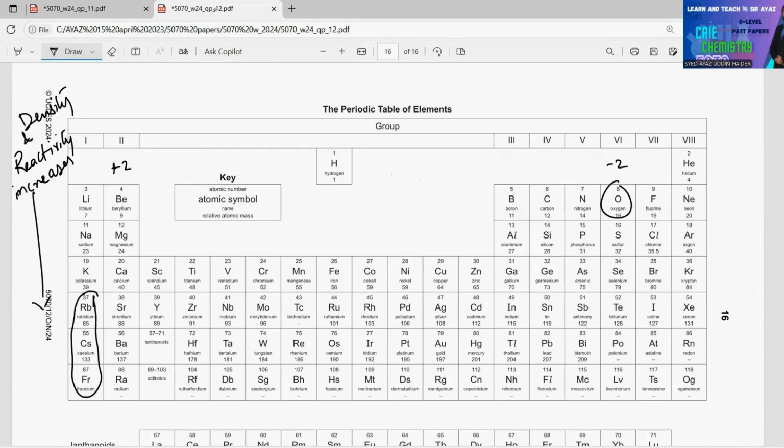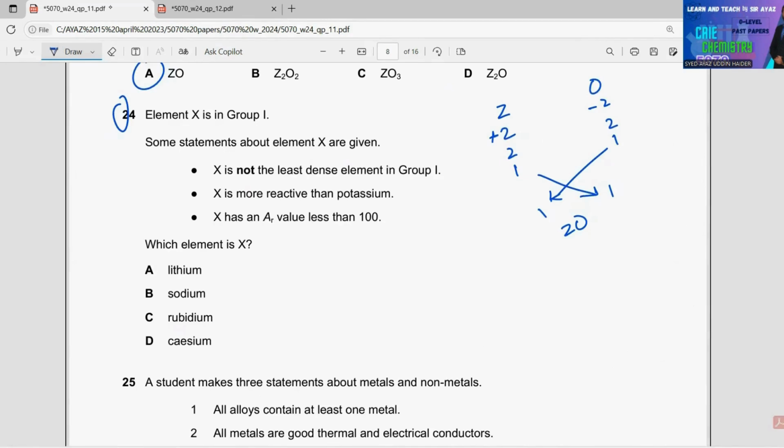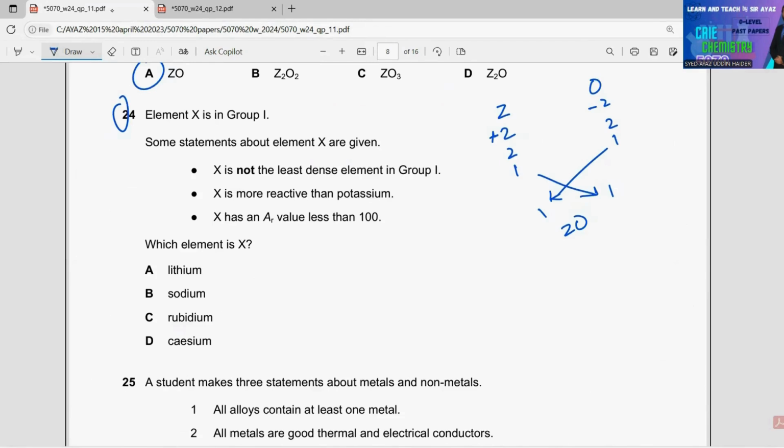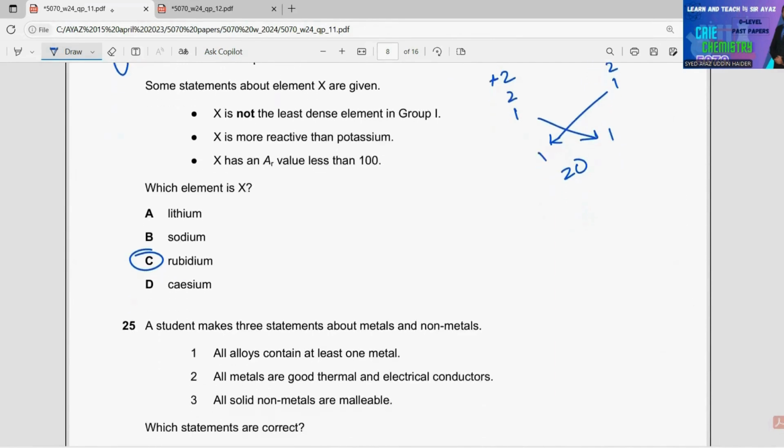Least dense means you can't have these, definitely. So X has an AR value less than 100, which means it must be rubidium. The AR of rubidium is 85, which is less than 100. So C must be the right answer in this case.